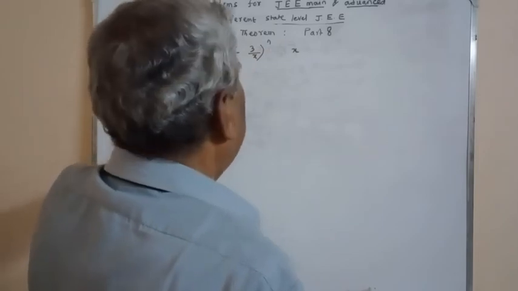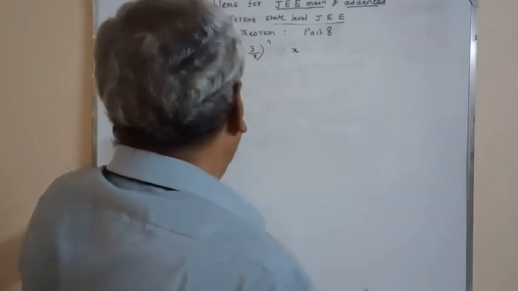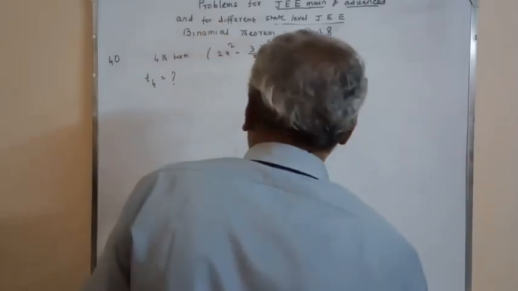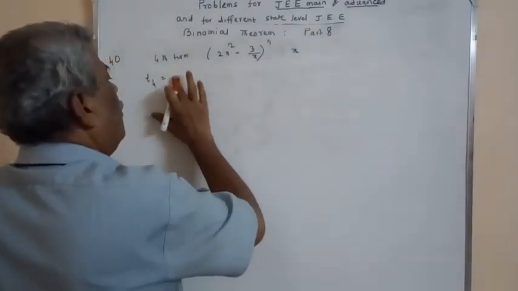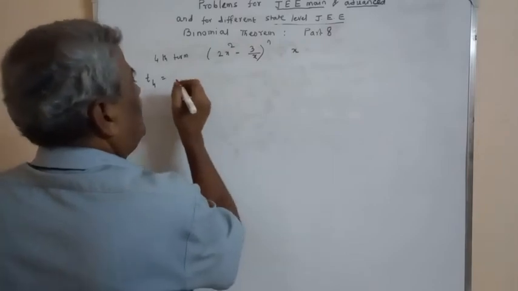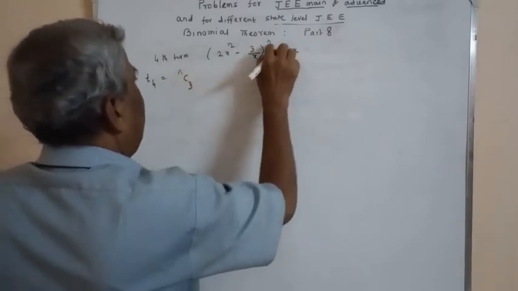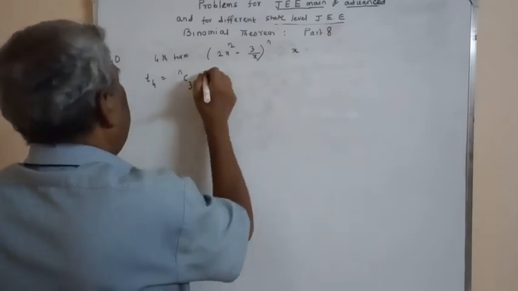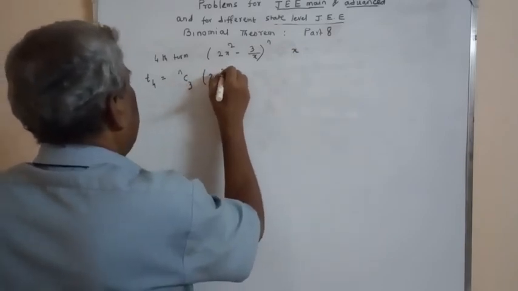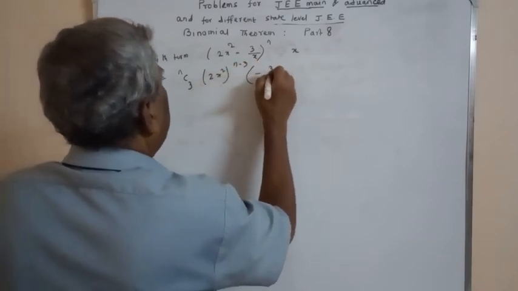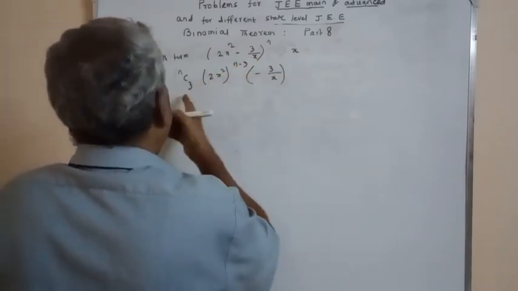Its fourth term contains x. Then how much is T4? Now actually T4 of that expansion is nC3 into (2x²)^(n−3) into (−3/x)^3.